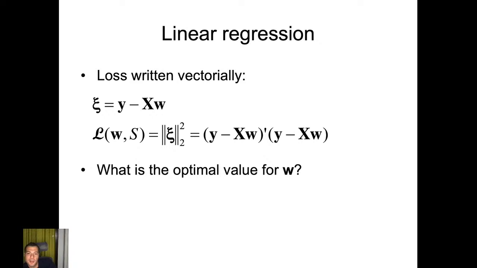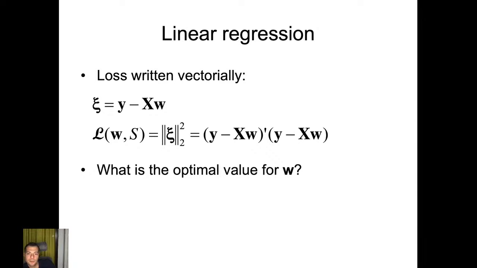Okay, so this is the loss function that we optimize. So what it means is that we want to find the w. So the parameters that we want to learn are w, that give us the smallest possible error. So the smallest possible error means that the loss function, or the norm of this vector, has to be minimum.